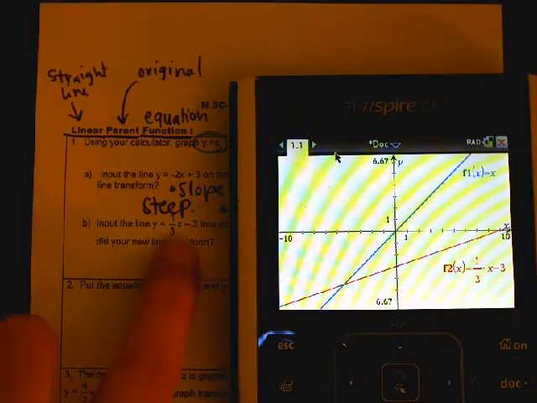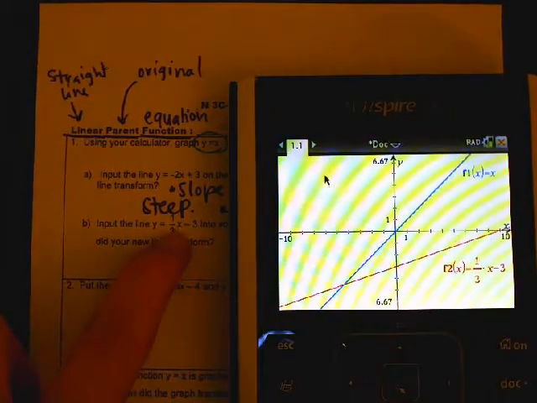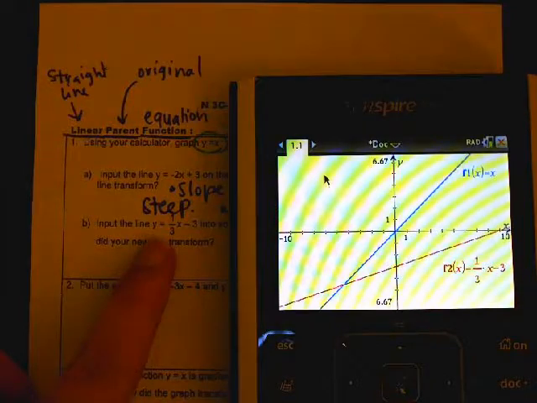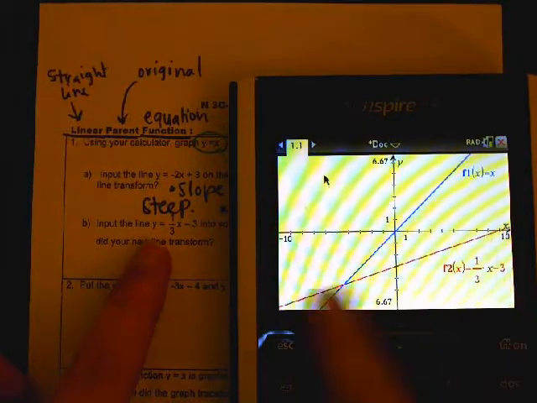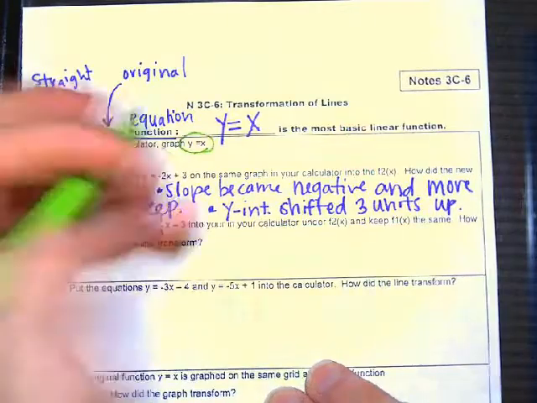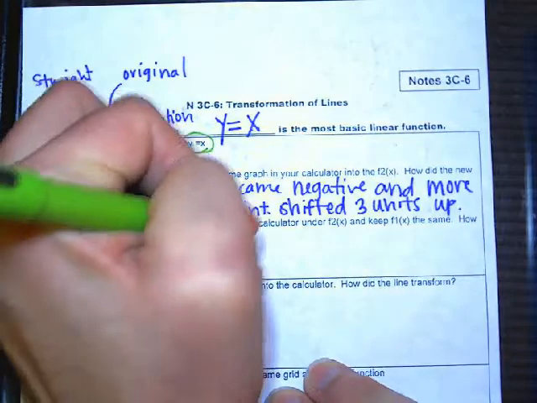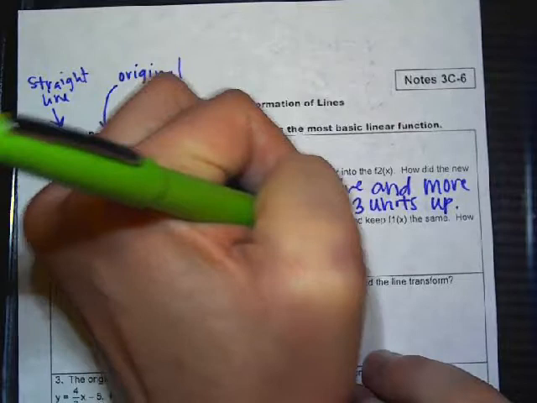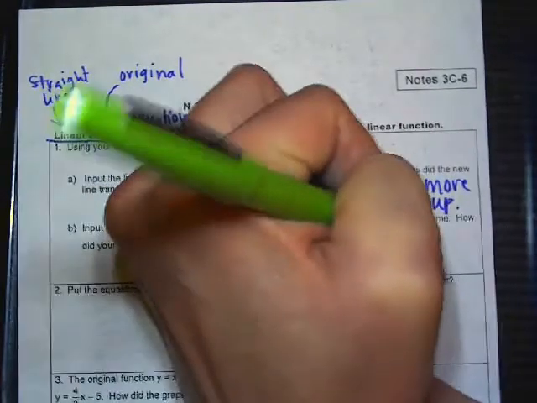Okay, so let's talk about slope first, and I'm looking at the red line. If you were to rollerblade down the lines, which one would be faster? The blue. So what happened to the red? It is less steep. Okay, so I'm going to put slope became less steep.